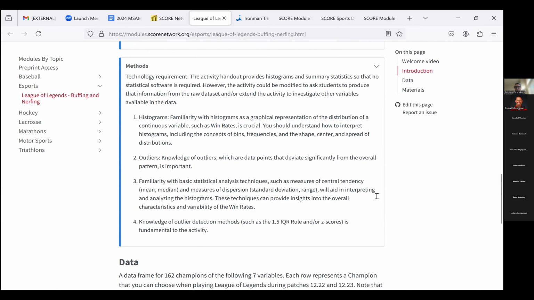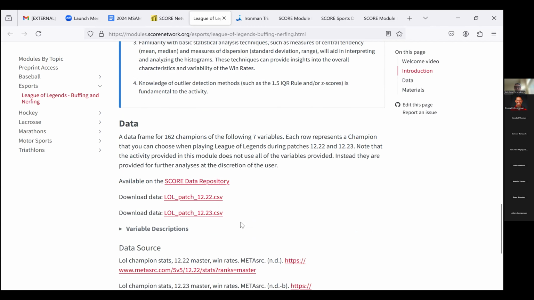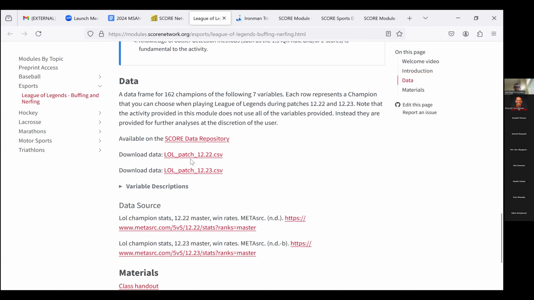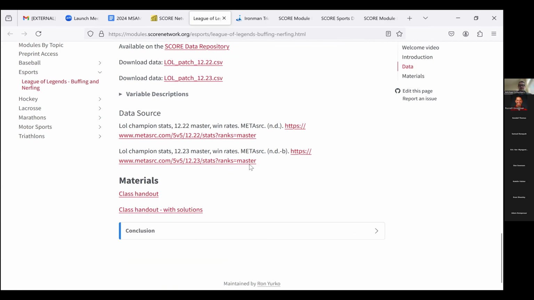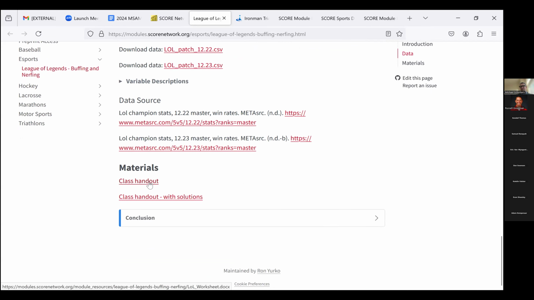The methods here, we're talking about looking at histograms, identifying outliers, and some rules for that. We have data. This is the patch, so this is version 12.22 and version 12.23, and we can start to take a look at that. The materials that come with it are a class handout and a class handout with solutions.